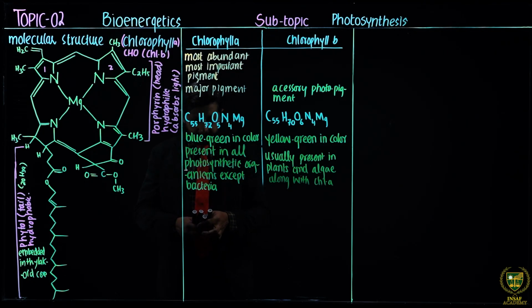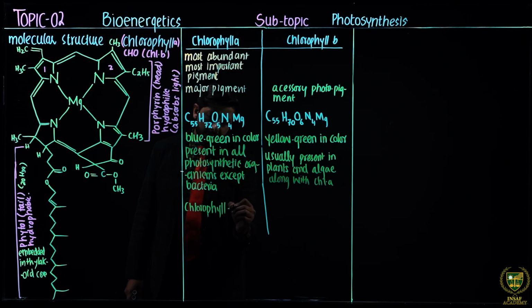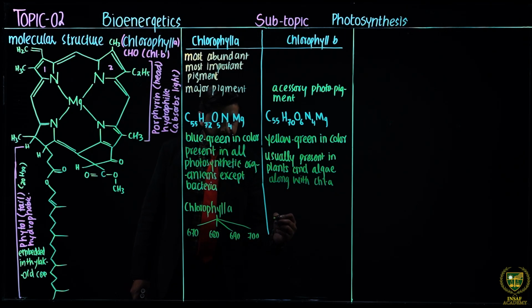Another difference is there. Chlorophyll A has 4 types: 670, 680, 690, and 700.